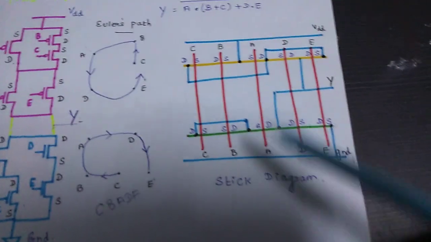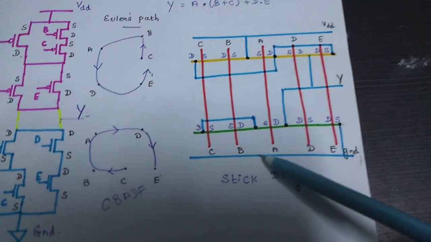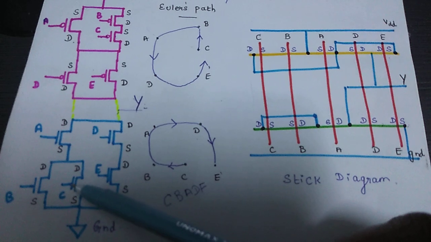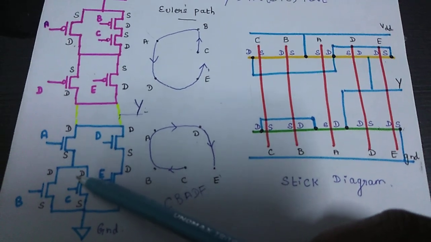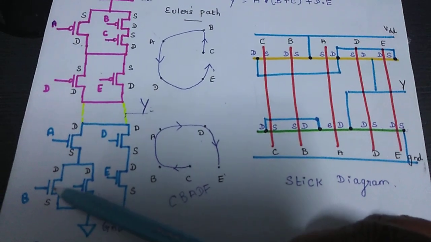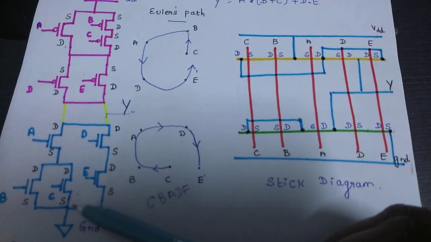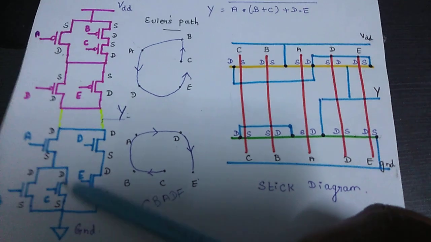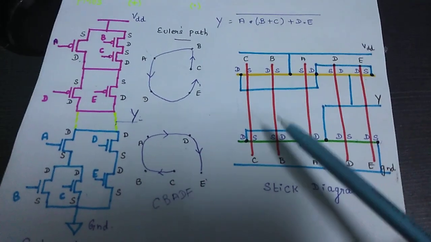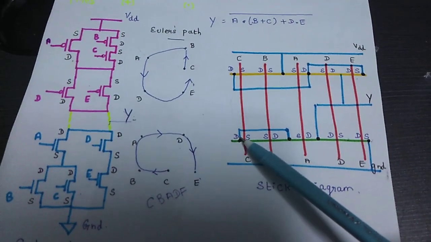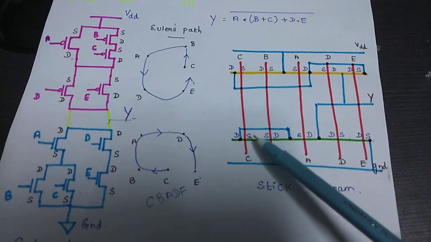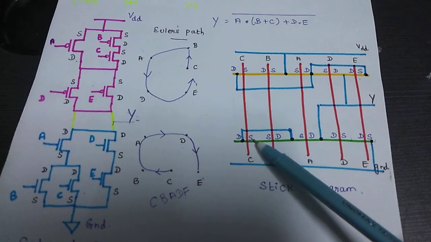Right? Similarly, coming to the NMOS transistor. Again, I have to move down from drain source of C transistor to B, A, D, and then I have to come back to E. So I am starting from drain to source. You could see drain terminal of C transistor, source terminal of C transistor.